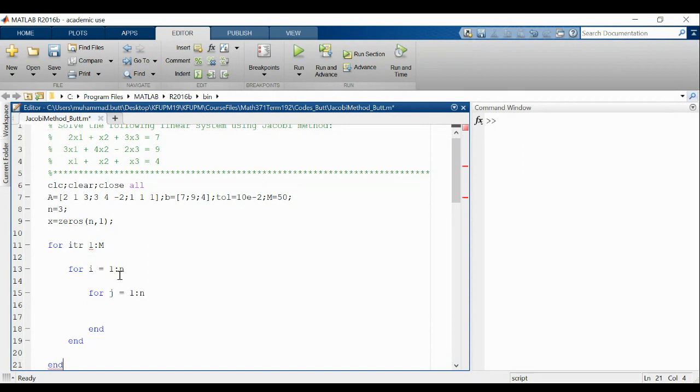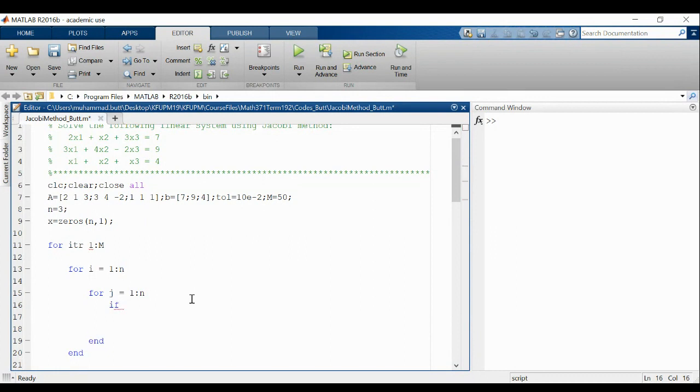Now we have to see what is going to happen. So this is the iteration, this is the x, and this is the j. If you remember, in the formula, j should not be equal to i.